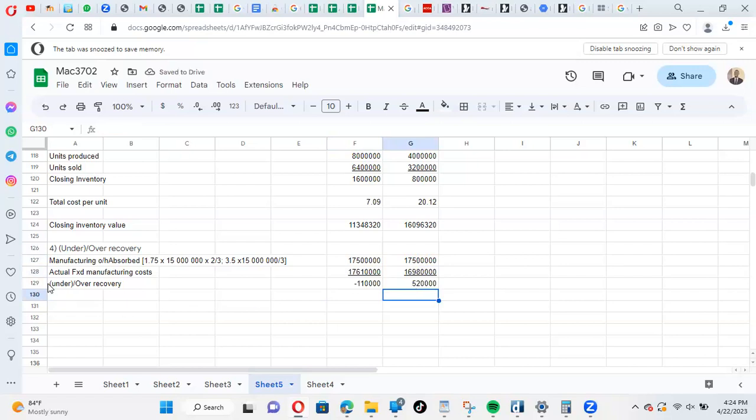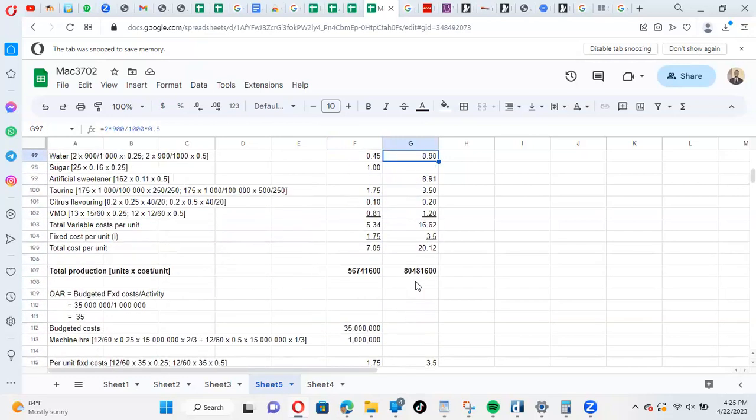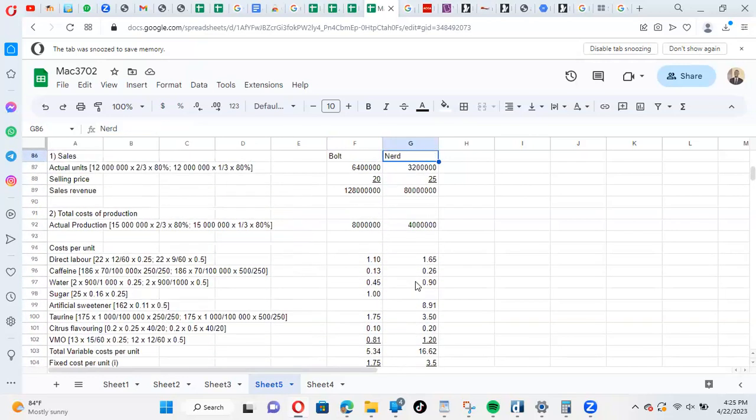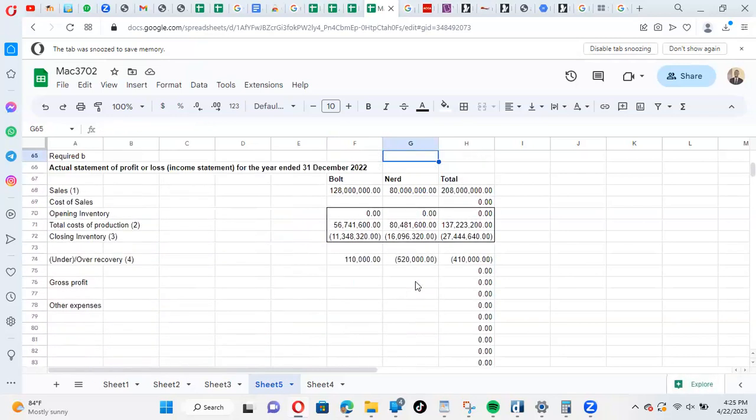Okay. So we're saying, why is it under? Because we basically absorbed 117.50, but we actually incurred 176. Okay, now it makes sense. It's an extra expense. And then that one we incurred is an income, it's a surplus. All right, let's put that there.